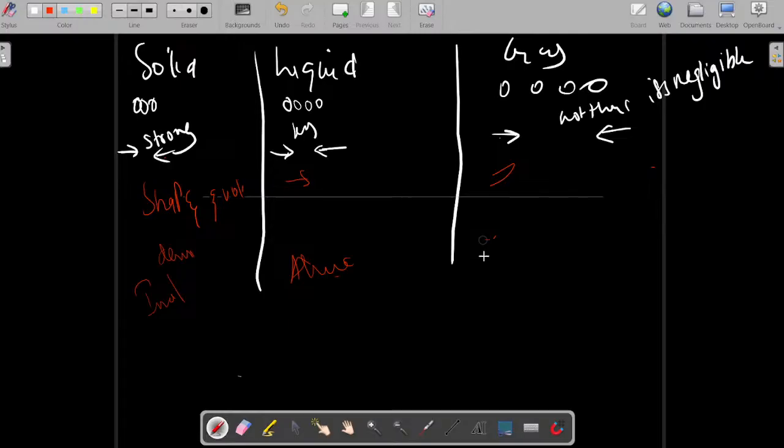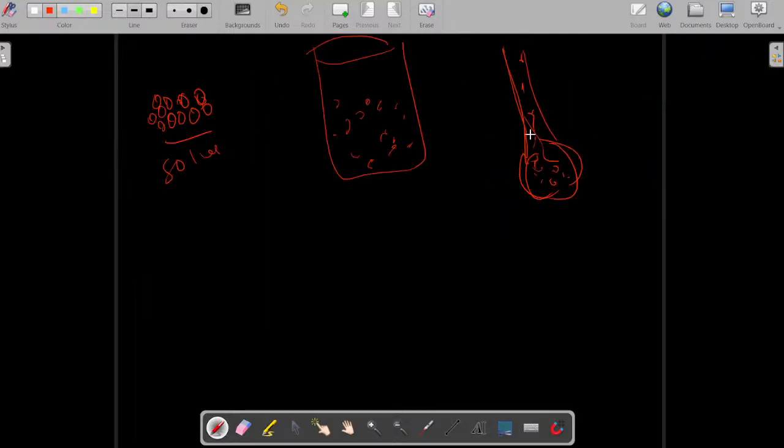It's actually not a beaker, it's a gas container. Then it is dots. Gas is very loosely packed. They have very high distance between them. That's it for that topic.